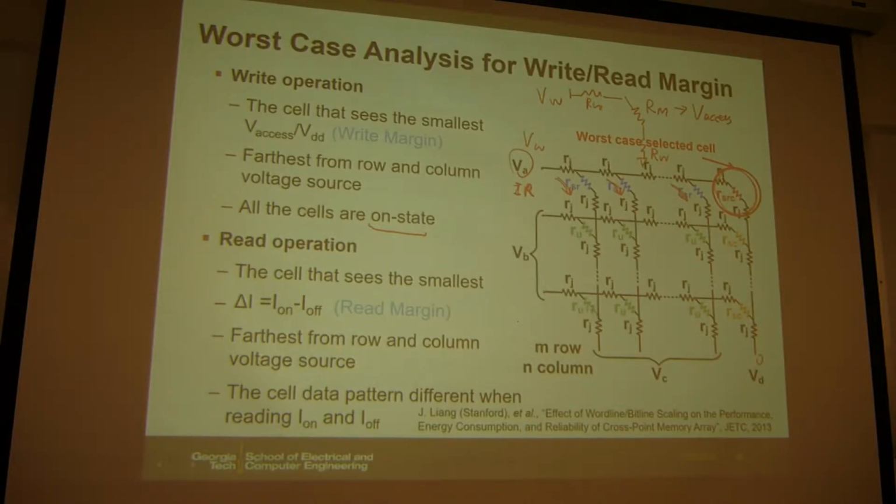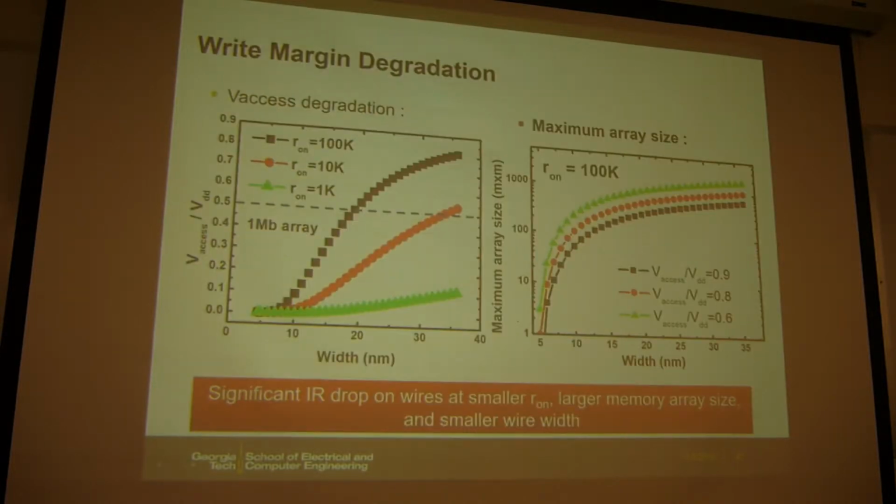Okay, so in principle, you can always build this kind of network into the SPICE simulator, and then you can play with the values of the wire resistance and memory cell resistance, and then you can get the write margin and the read margin. So this is the netlist you have to build in SPICE. If you do that, then you can run the simulations like this.